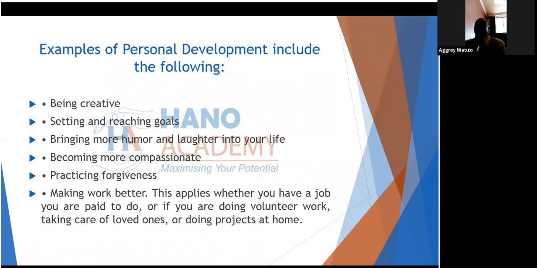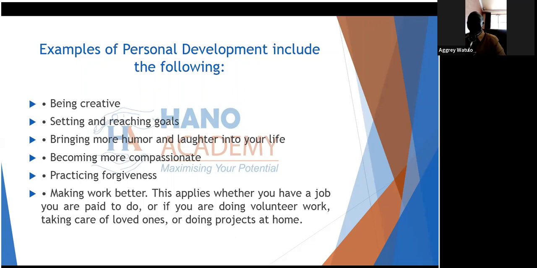So you need to love your work. You need to make this work better. You don't need to do work when you are frustrated. You are working as if you are somebody who has given up in life. So you don't need to do that. You need to make this work look better in a society.